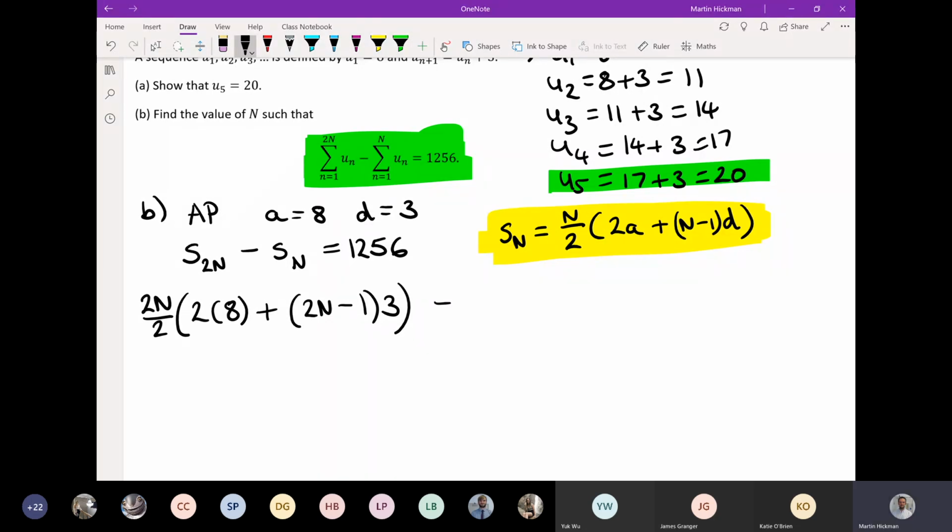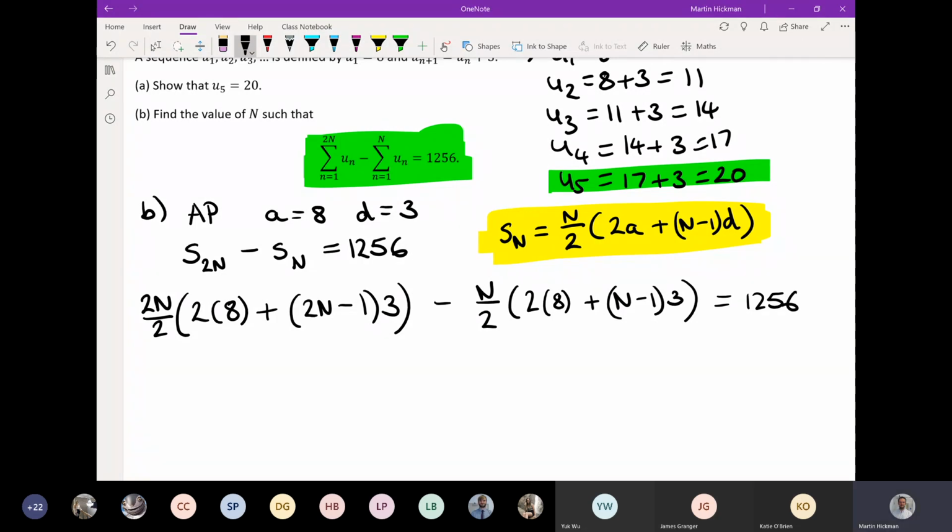Then we use that formula again, but now just with n, because that's the next part of this equation. The first term is still 8. It doesn't matter if you go to n terms or 2n terms, the first term is still 8. Then for n terms, just keep it as n minus 1, times the common difference d of 3. And I know that equals 1,256.